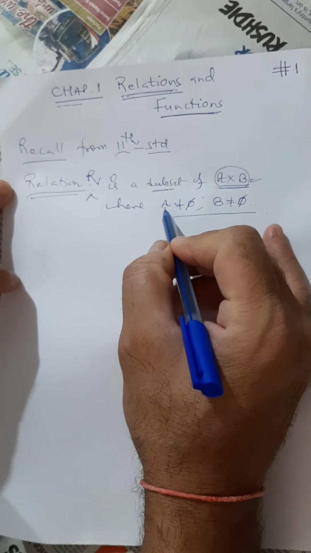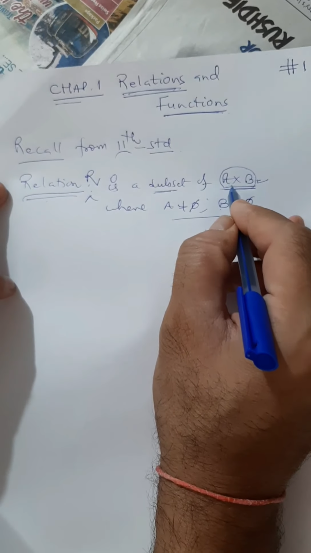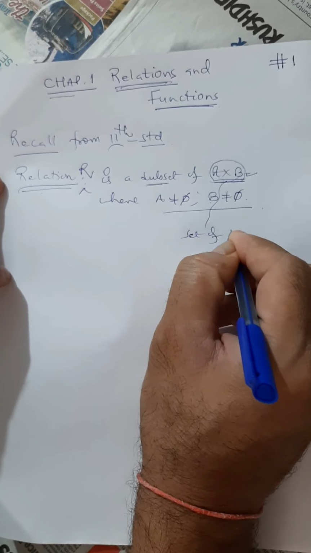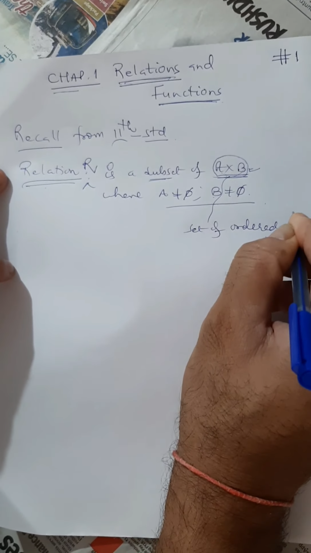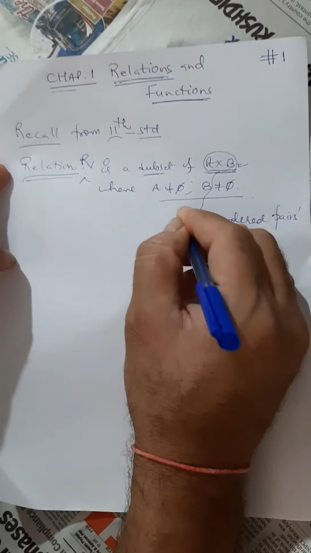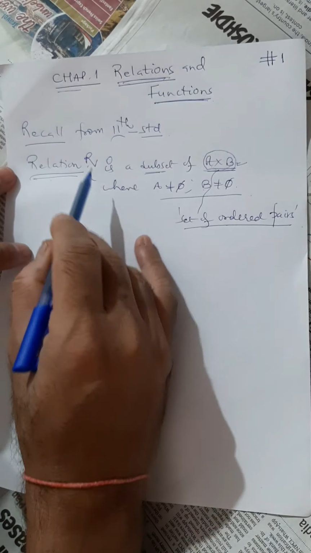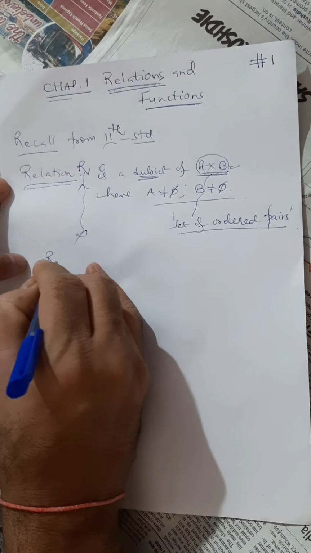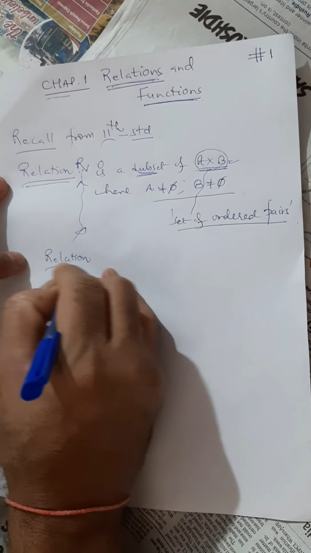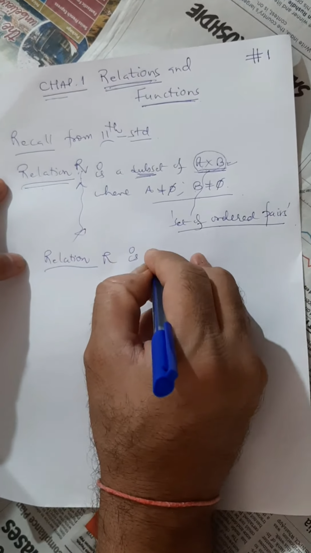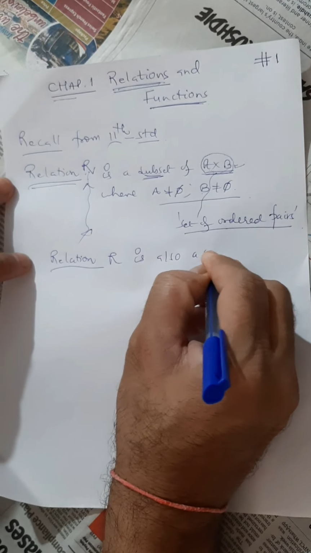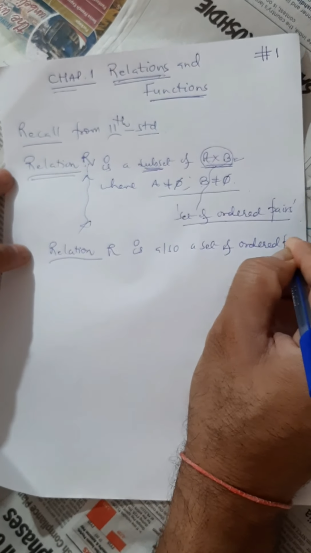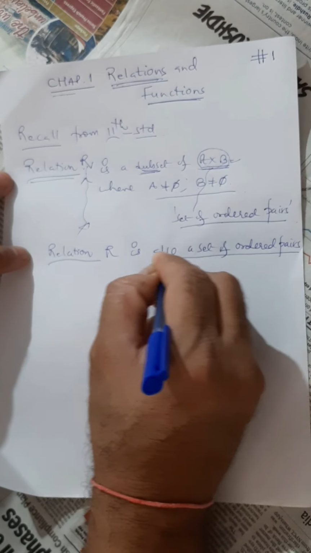Now again you know that if A and B are two non-empty sets, then A cross B is a set of ordered pairs. R being a subset of A cross B, the relation R is also a set of ordered pairs, which this much we know from 11th standard.